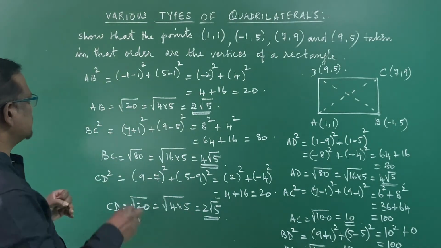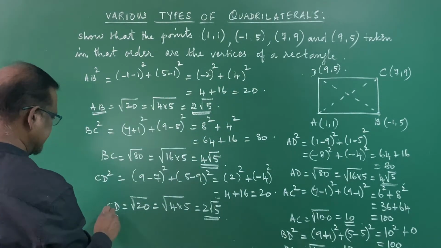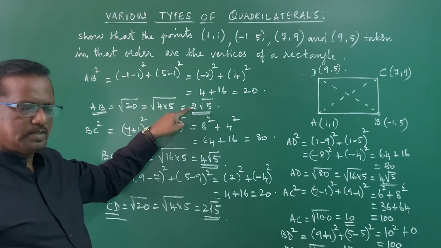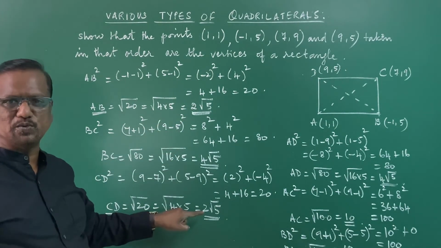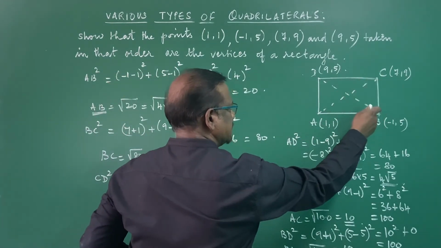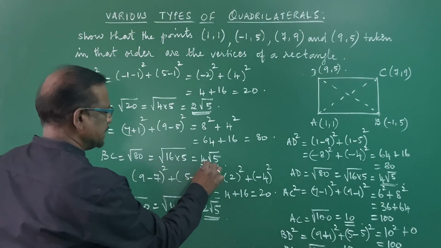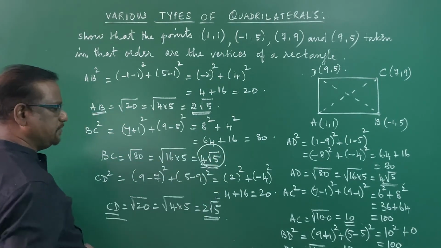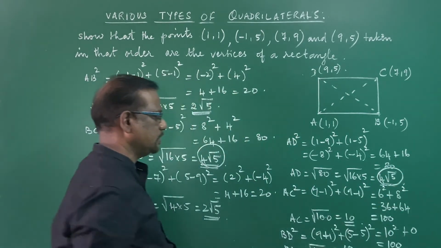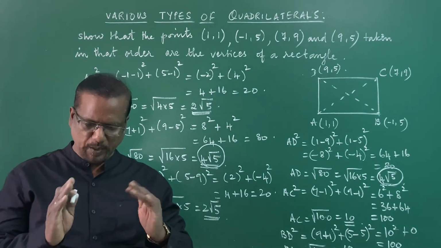So we have AB, its opposite side is CD. The value of AB is 2 root 5 and the value of CD is 2 root 5. Similarly, for the side BC, the opposite side is AD. The BC value is 4 root 5 and the AD value is 4 root 5. And hence, the opposite sides are equal.